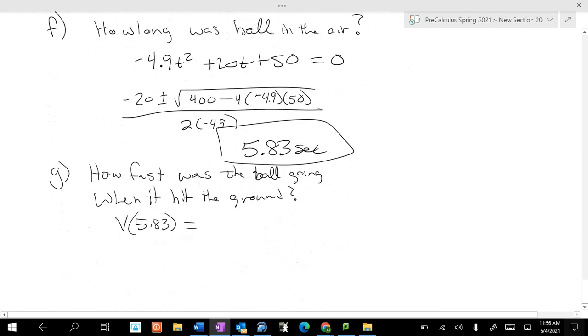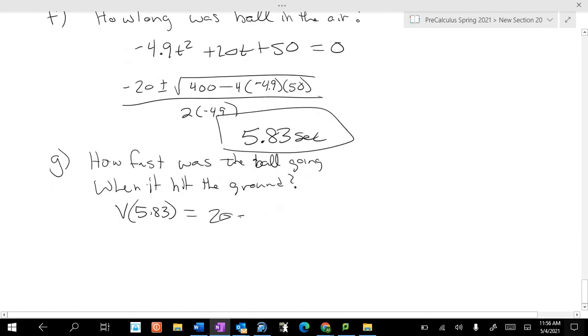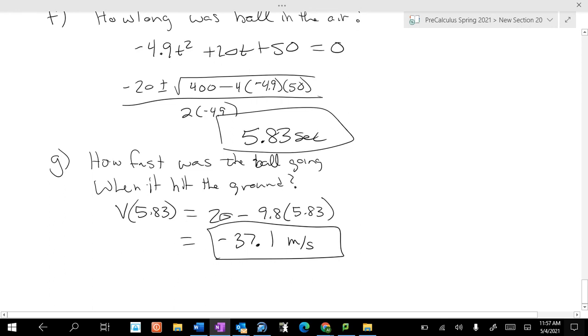Well, it's 20 minus 9.8t. And so this is a really negative number. 20, what? Negative 37.1. Yeah, 37.1 meters per second. Okay? That's what's on your test, people. I'm banned.